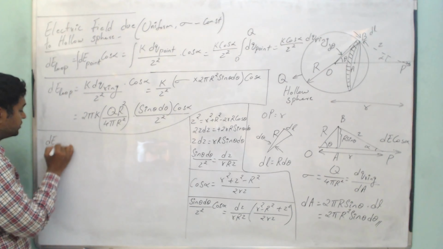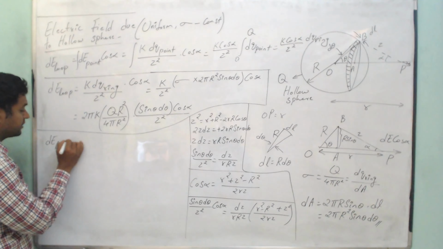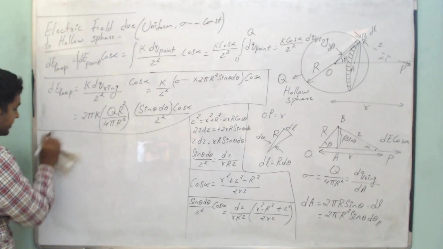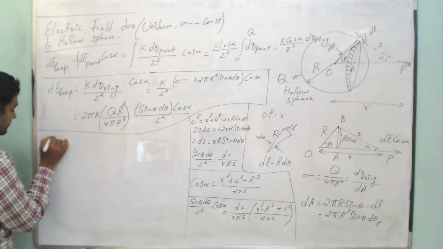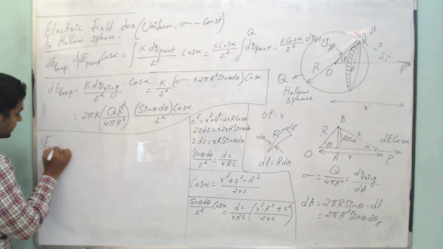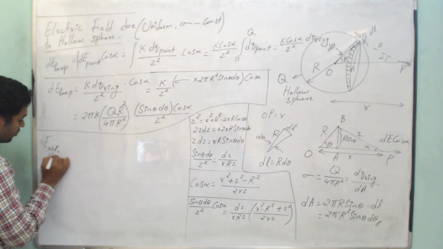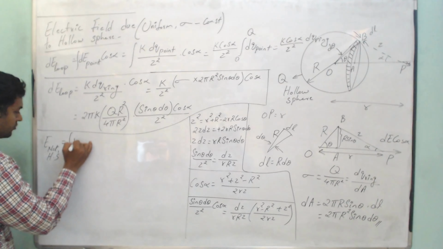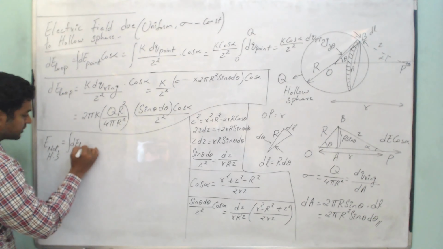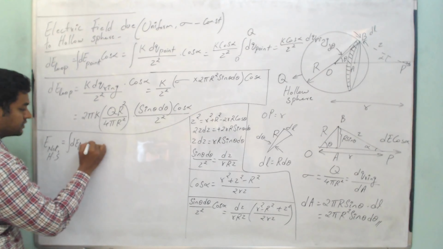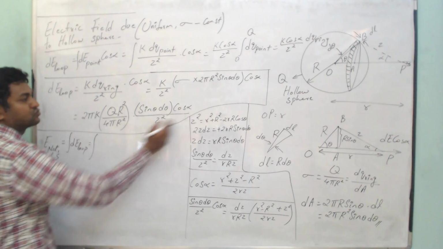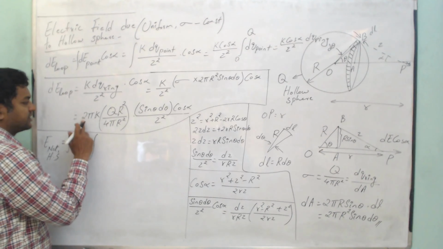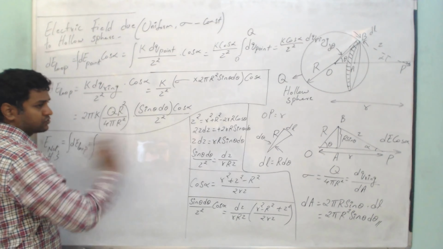So my dE of loop can be written as, or I will write it as, final E net due to the hollow sphere is equal to integral of dE of each loop, correct? Is equal to integral of this. See, one thing, 2 pi r square, 4 pi r square cancel.